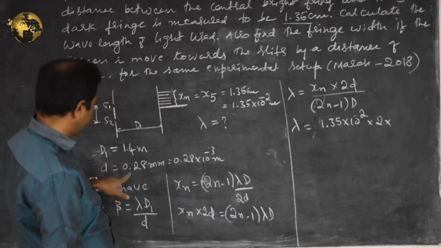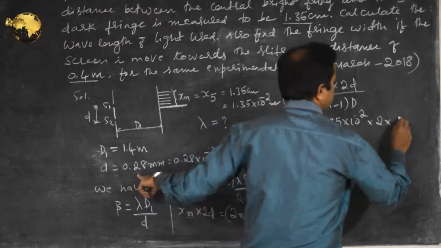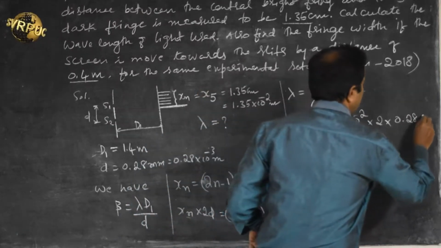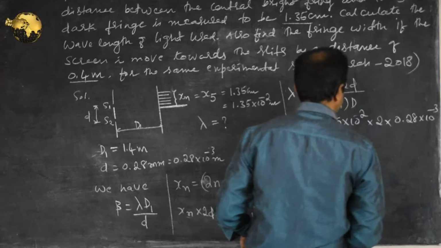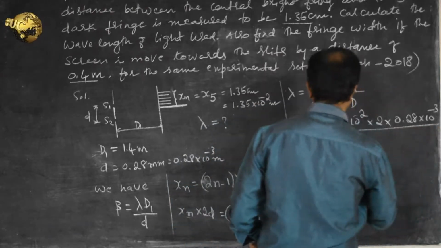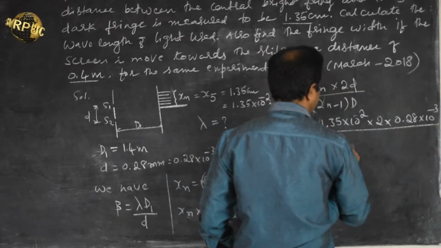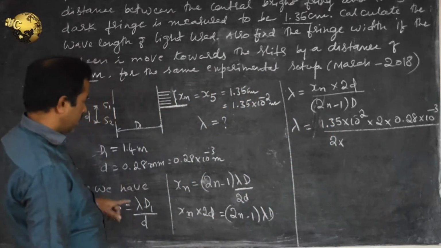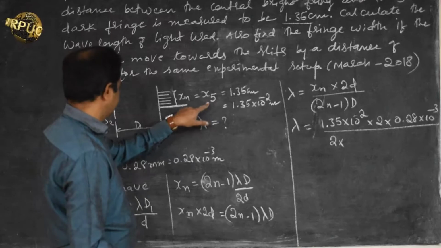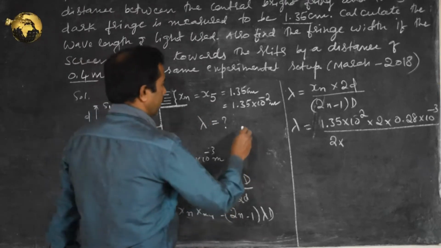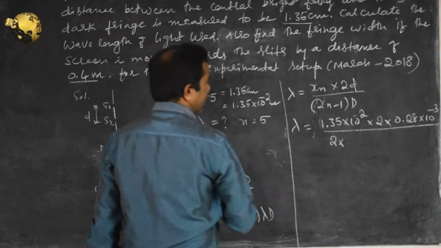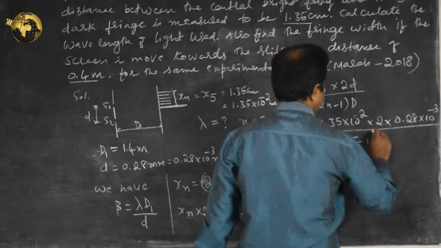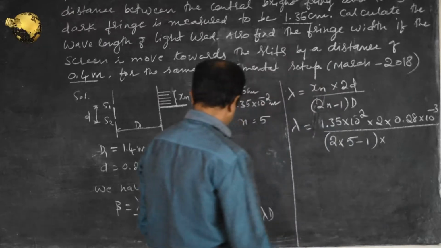Small d is 0.28 into 10 to the power minus 3 meter. This whole is divided by 2 into n minus 1, into D. The value of n is 5.